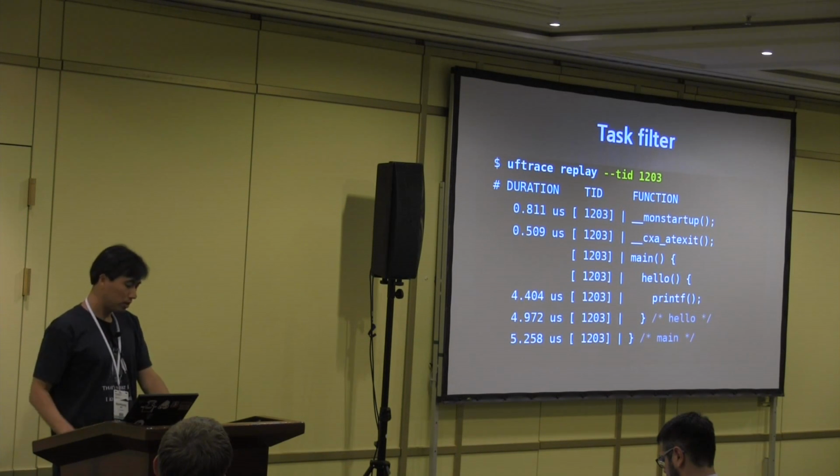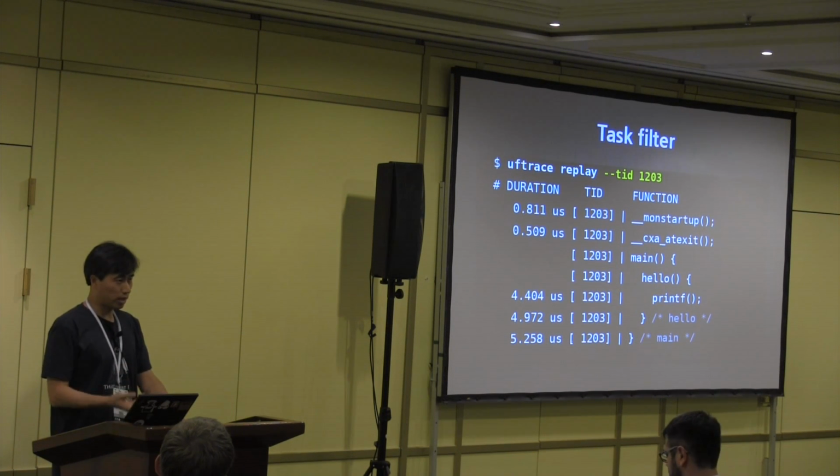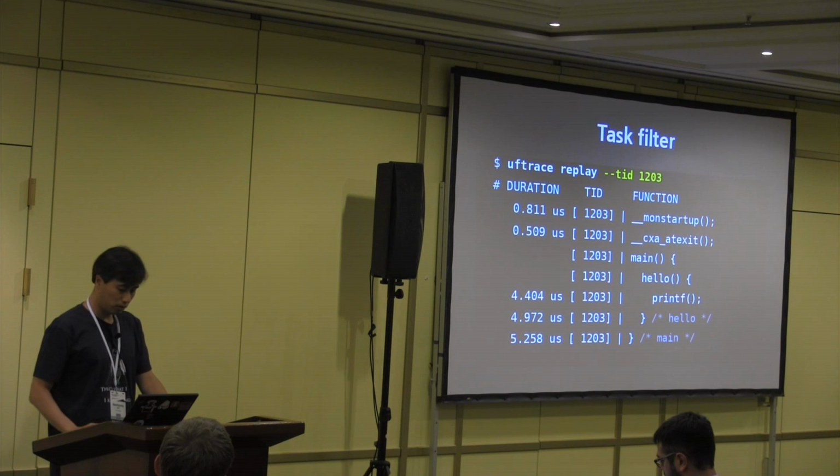So in this example, it just consists of a single task, so there's no difference. But when your data has multiple tasks, you can filter a specific task to show the result. And it can be multiple tasks.